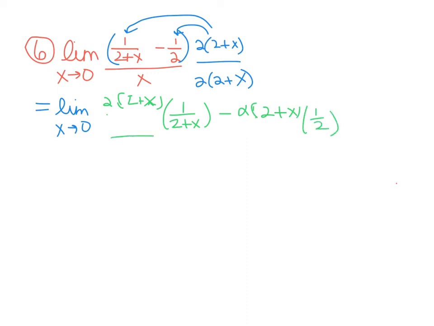That is the entire numerator now. It's super complicated. Like I said, you don't need to do this middle step if you understand why I'm doing it. Denominator is going to be 2x times 2 plus x.